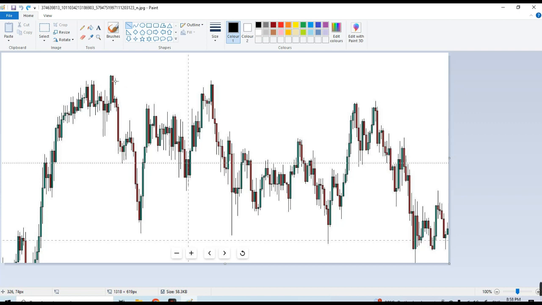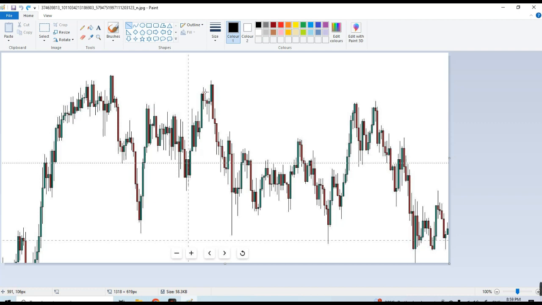So where is the second QML? The second QML is right here, in this area. The price moves upwards, the same scenario, then comes back down with a few candlesticks, but the magnitude of the bearish candlesticks is quite big, so you can consider it a structure.